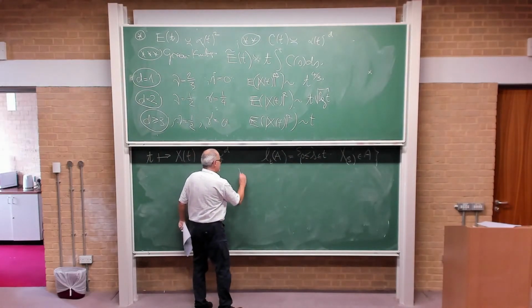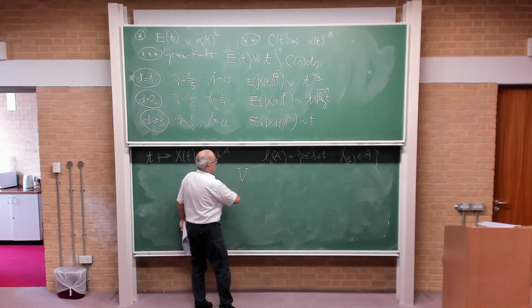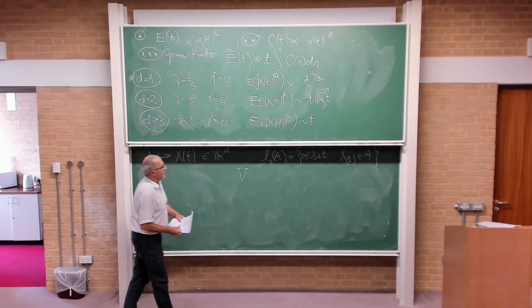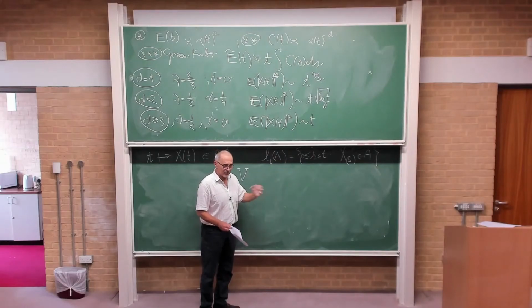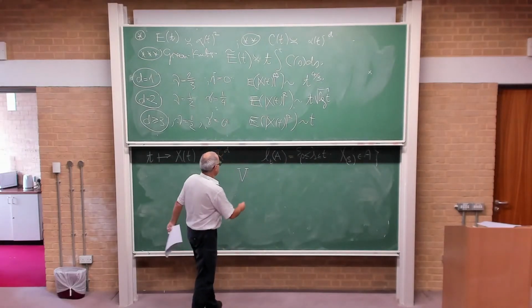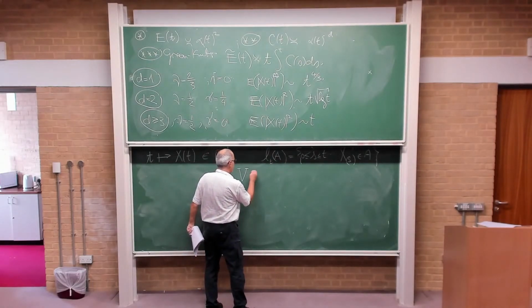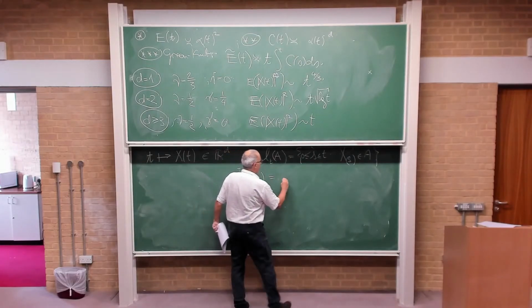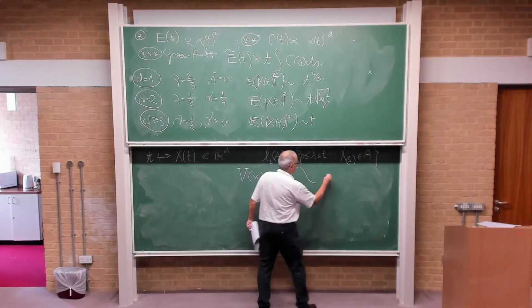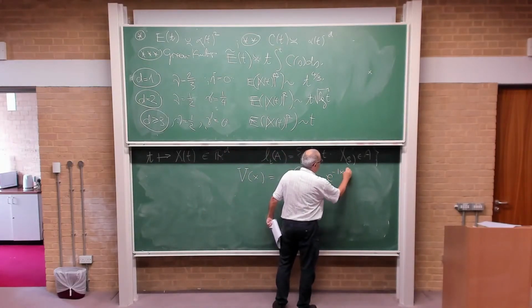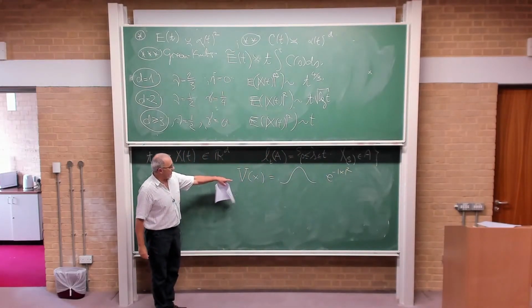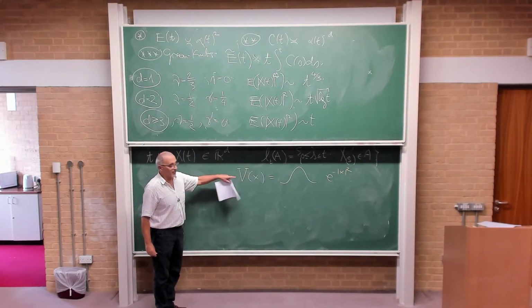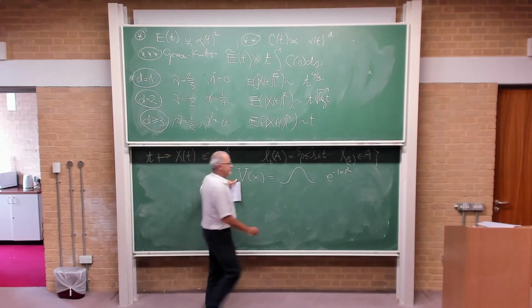I need a smoothing function, because this local time, even in higher dimension, has irregularities, and I want to smooth it out somehow. So V is an approximate identity. V of x is something like, for example, e to the minus x squared, if you wish. It's very important in my story that this V is of positive type. Its Fourier transform is non-negative.